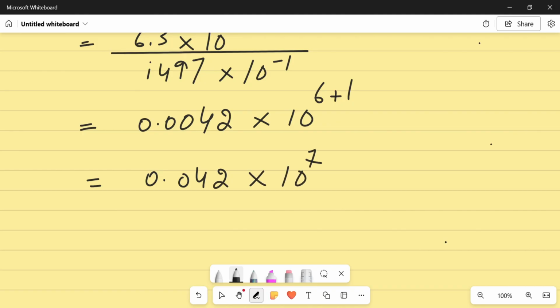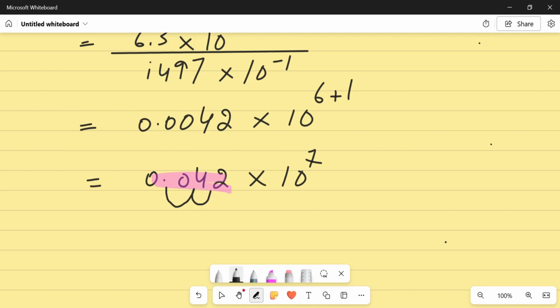Now, students, this one is not in standard form. So you need to bring the number between 1 and 9.9. So how many decimals do you need to move forward? 1 decimal or 2 decimals? So you are going towards your right side.